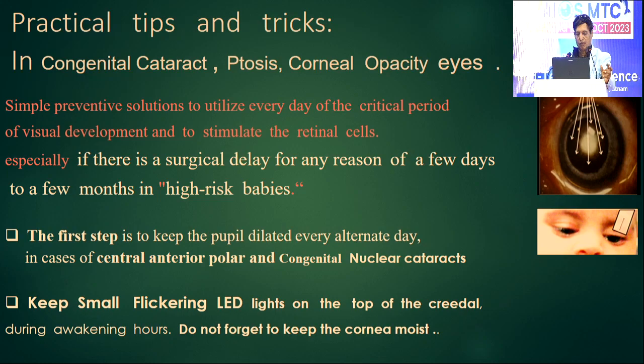Keep small flickering LED lights over the cradle of the child during the waking hours and do not forget to keep the cornea moist. This simple thing can prevent amblyopia from settling down. And in ptosis also you can put a small Tixo tape during the waking hours and put a flickering light, but take care that the cornea should not be dry.